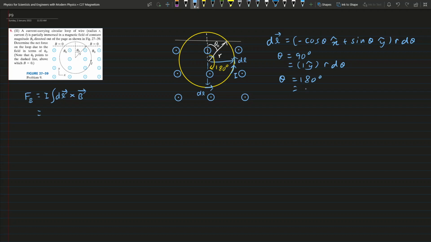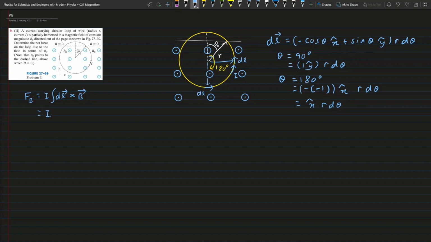You will get cos 180, which is negative 1, multiplied with this negative in the x component, and you substitute this value inside the sine, you will just get 0, and this will multiply with R d theta, and you can see indeed it gives the positive x component only. So we can verify this is the correct formula.